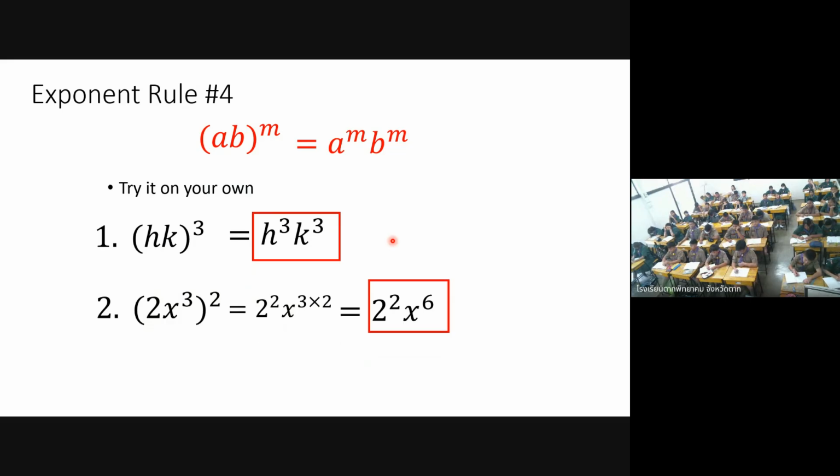Again, the rule is we distribute the power to each of the given bases inside the parentheses. We just apply exponent rule number 3 by raising everything to its other power, which means we multiply. Or we can just simplify as 4X to the power of 6. But again, everyone, this is okay. Or if you want to simplify, it's also okay. Understand?